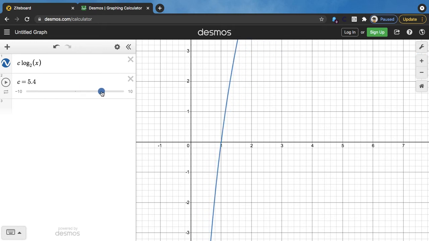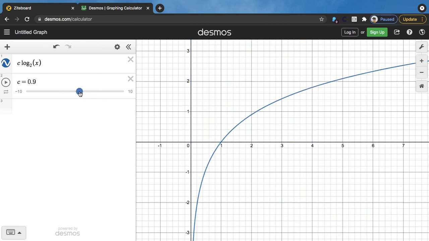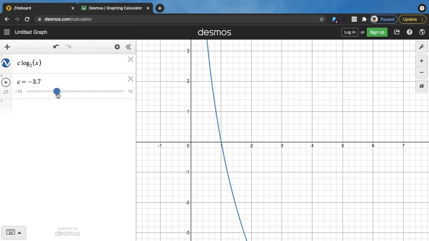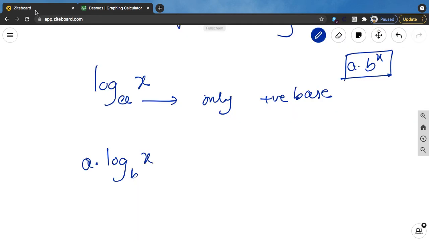If I'm increasing, it is becoming steeper. If I'm decreasing, it is becoming less steep. And of course, if it becomes negative, then it is a reflection above the x-axis. So this A value is controlling the slope, and it also makes it reflect if it is negative. Very similar to what it did in the exponent case, right?